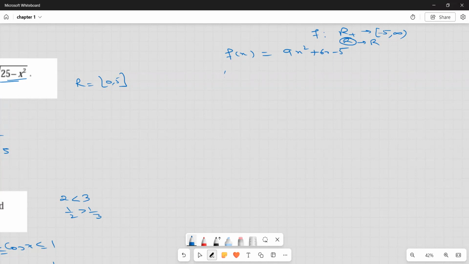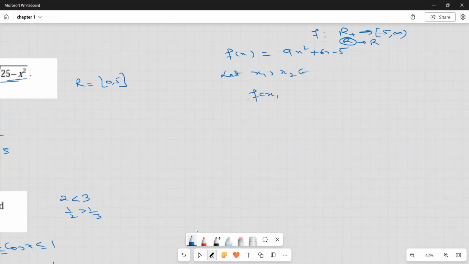So let x1, x2 belong to R. If R plus is given, then you will write R plus. Remember, if R plus is given, then no need to worry. You will just write R plus. But as I am showing you with R, so I am writing R. Clear? So this is f of x1.